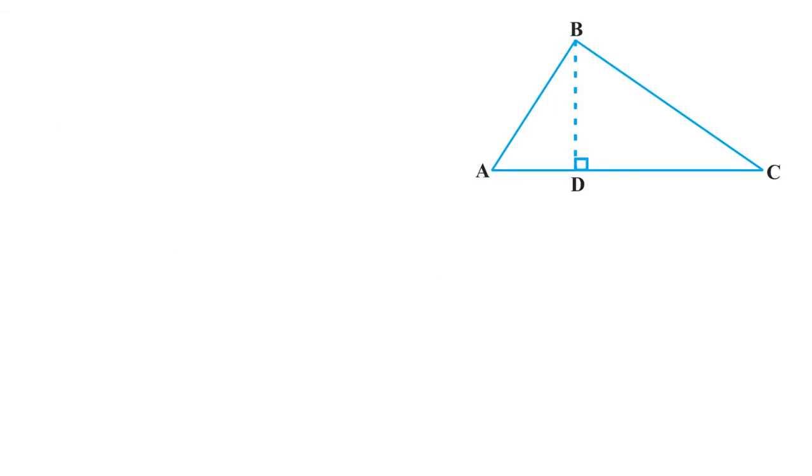Similarly, if we consider triangle BDC and triangle ABC, we learnt that triangle BDC will also be similar to ABC according to the previous theorem. So triangle BDC is similar to triangle ABC. So if they are similar, then the ratio of the corresponding sides will also be proportional.